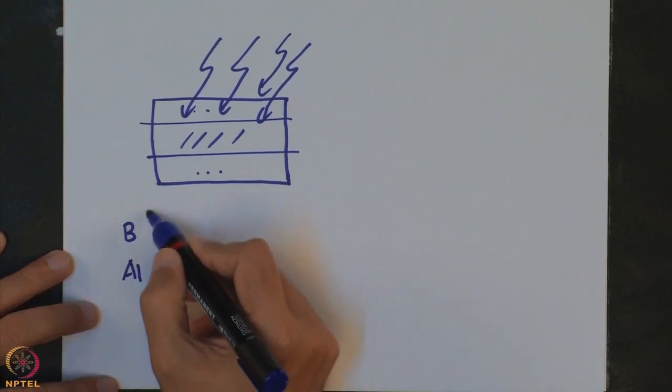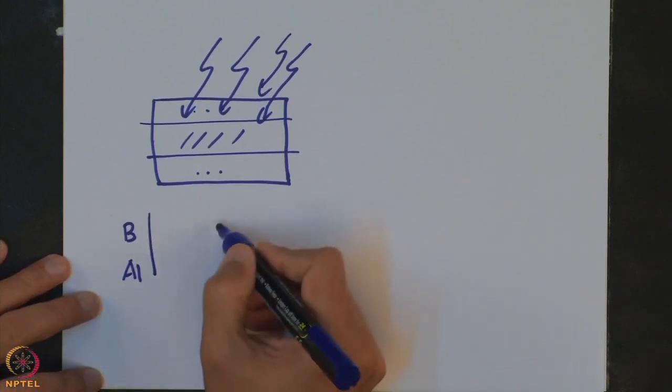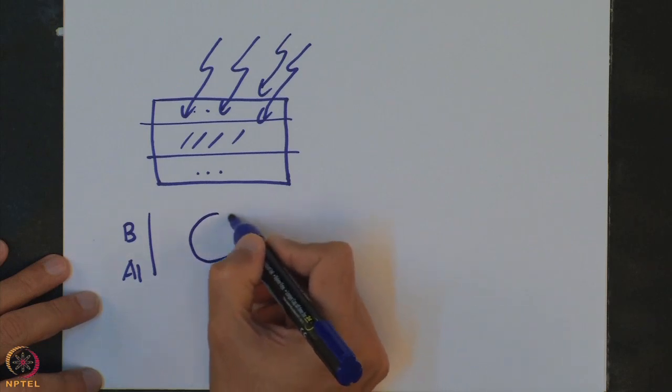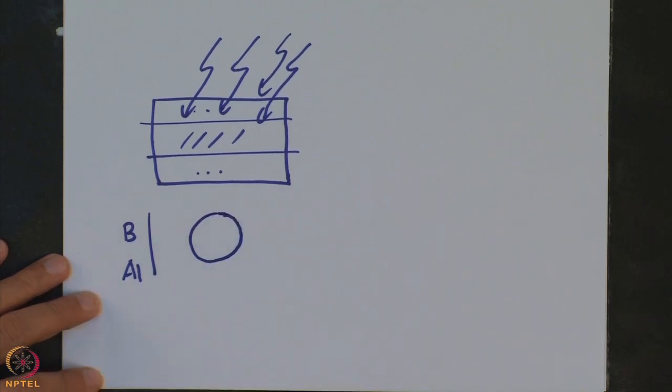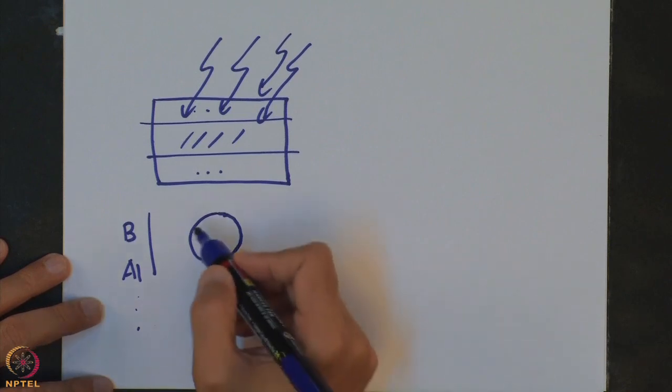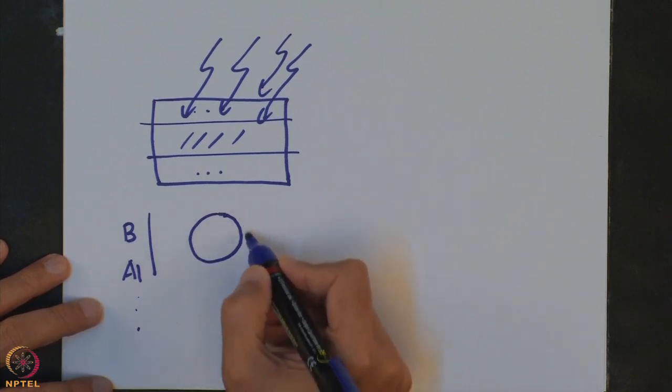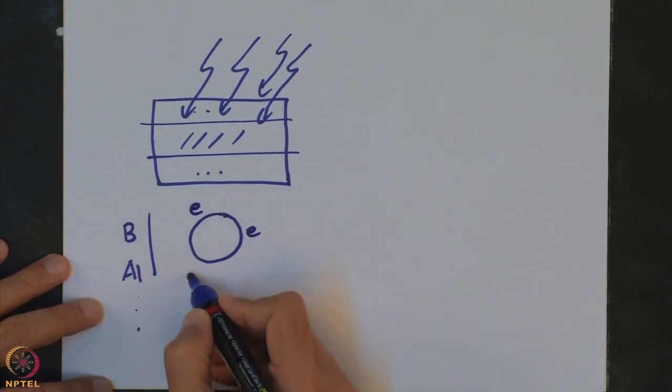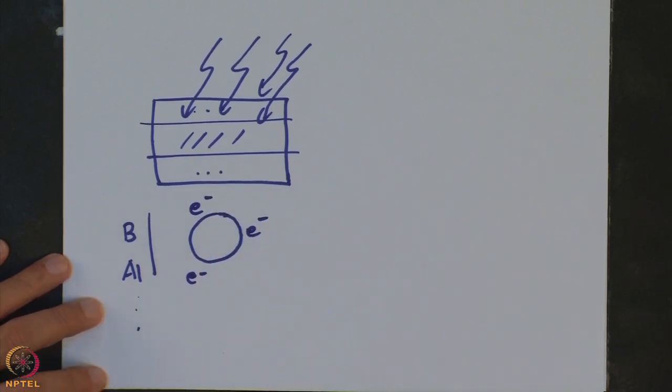If you look at their outermost shell, taking Niels Bohr's model of an isolated atom, and look at these elements, and there are many more in this group, these have 3 electrons in the outermost shell.